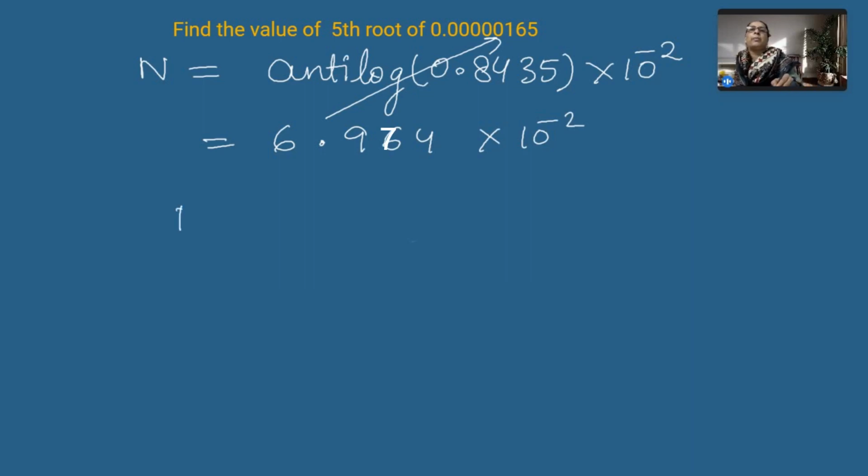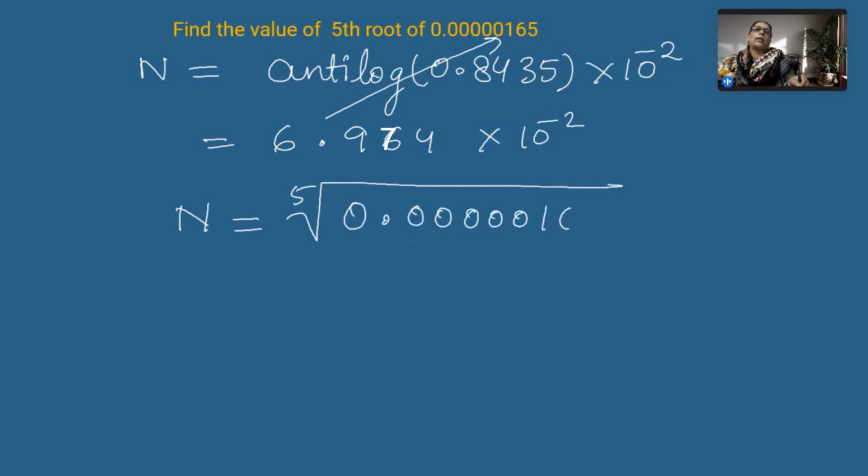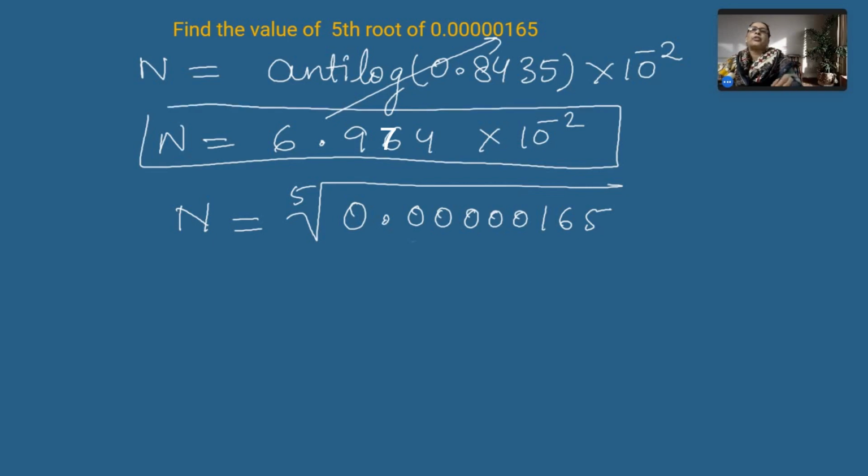Now, do you remember that n was the fifth root of the number 0.00000165, and now we got n as this number. So what is the fifth root of this number? Let us write this not in standard form, but in the usual form.